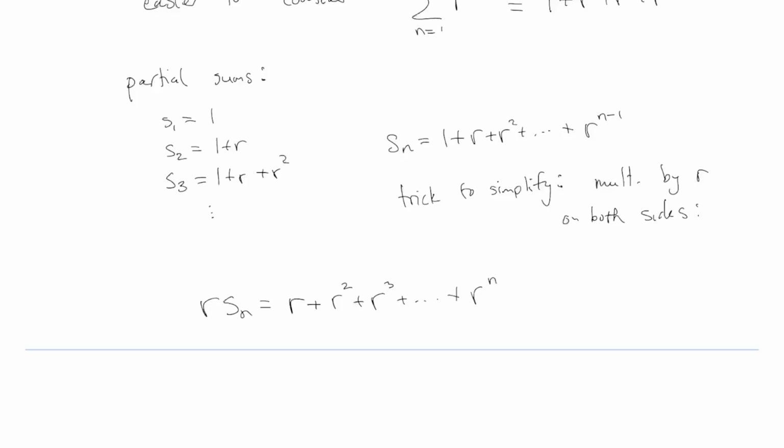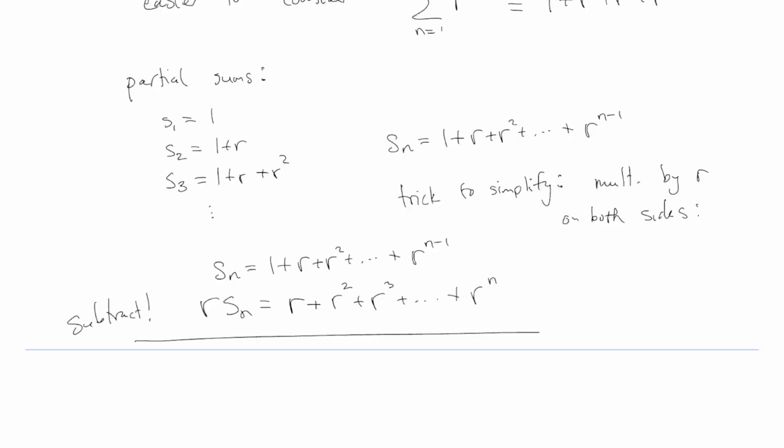Now, check it out. I'm going to write this down right next to Sn. I know we've got to go in a moment. I just want to finish this so that we can start off with a very nice looking formula. We are going to subtract these two equations from one another. It'll say Sn minus r Sn on the left.